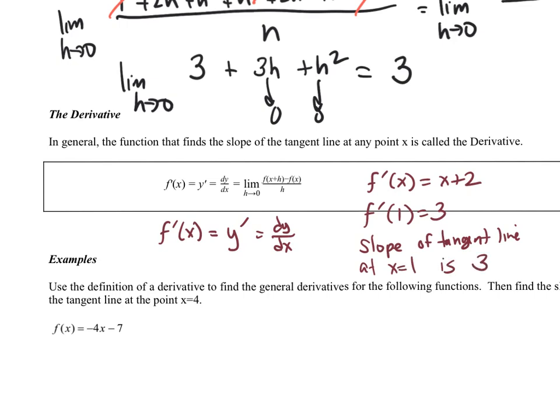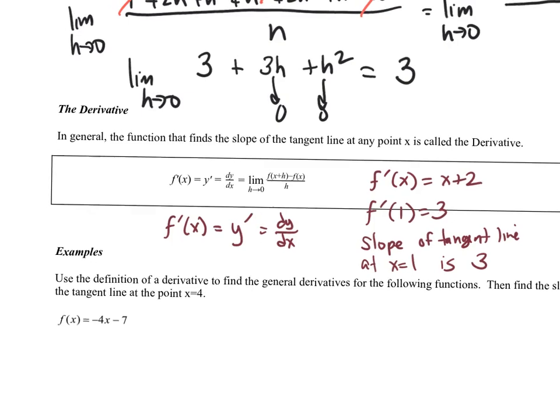And then if I wanted a different tangent line, I could put in a different number. The derivative is a very generic function that will find the slope of the tangent line at every given value x. And it has lots of other uses too, but the big thing is that you can estimate the rate of change of a curve using its tangent line.